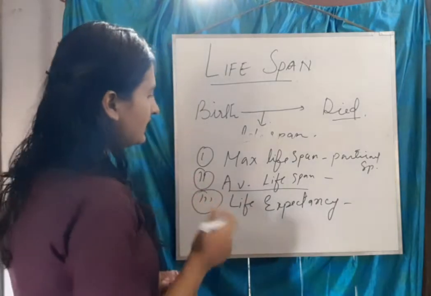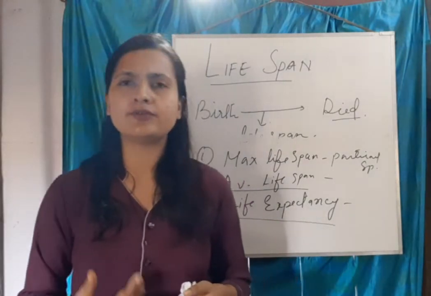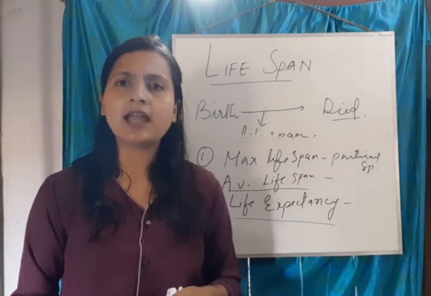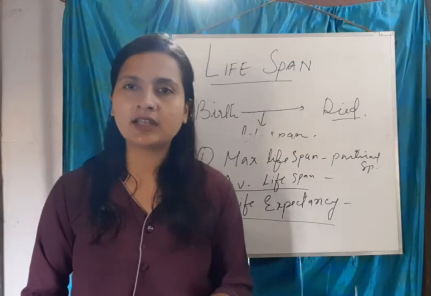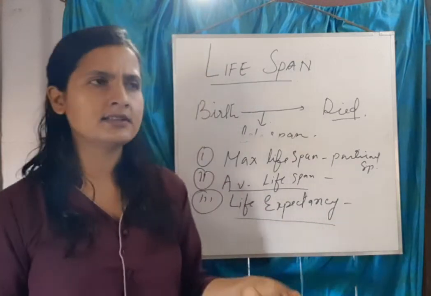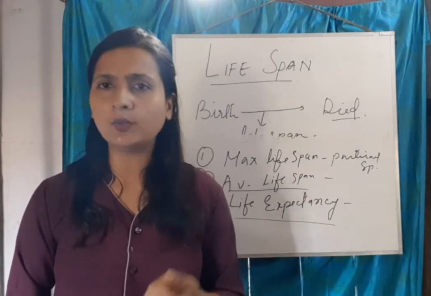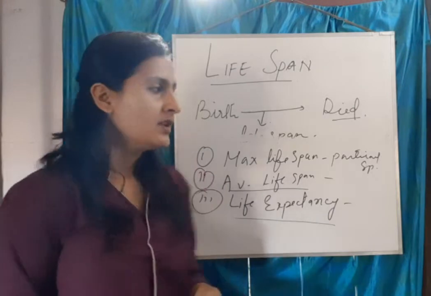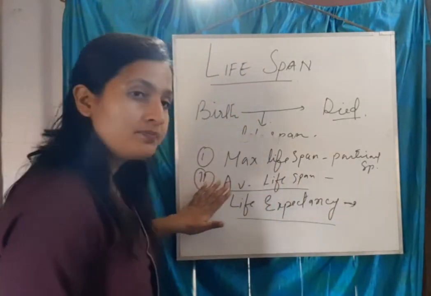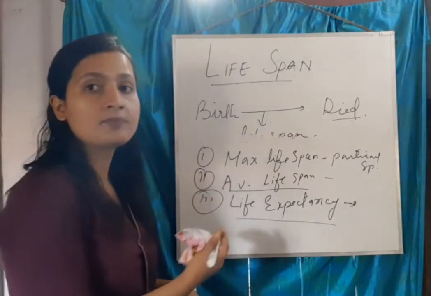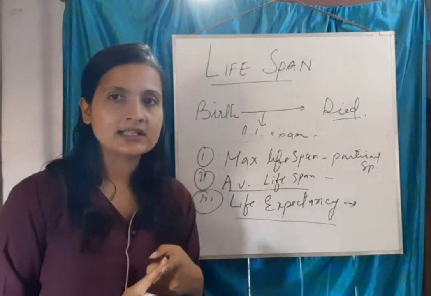Then comes your life expectancy. Life expectancy means the number of years it is expected that an organism will survive. You are just expecting it, just assuming that this organism will survive for 15 years or 20 years or 30 years or 2 weeks or 2 days. So this is your life expectancy. Average lifespan and life expectancy are two different things, they are not the same.